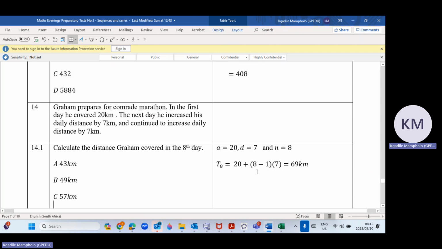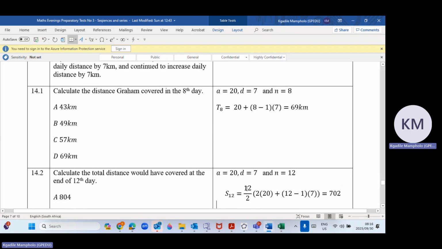Because we talk about the distance in the 8th day, then we are talking about the term. Then A is 20, N is 8, then D is 7. Then it means the distance that will be covered by Graham in the 8th day will be 69 kilometers.